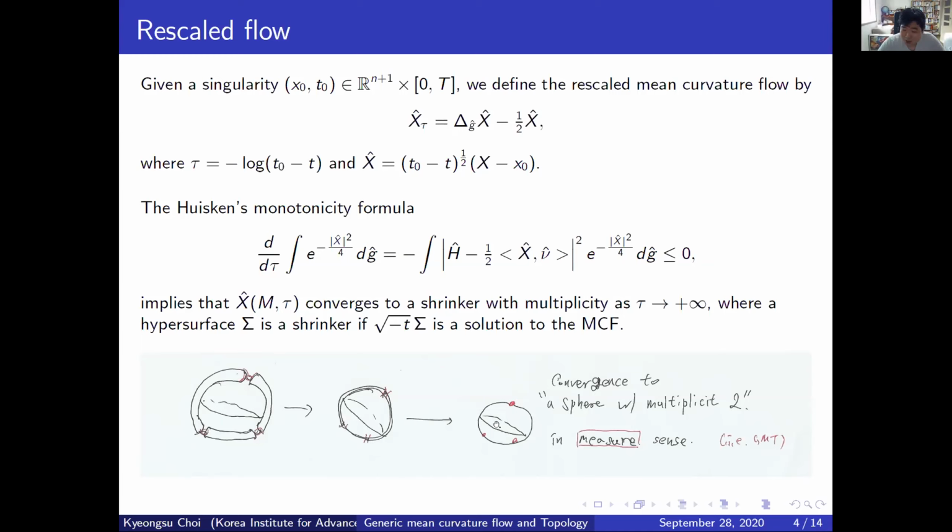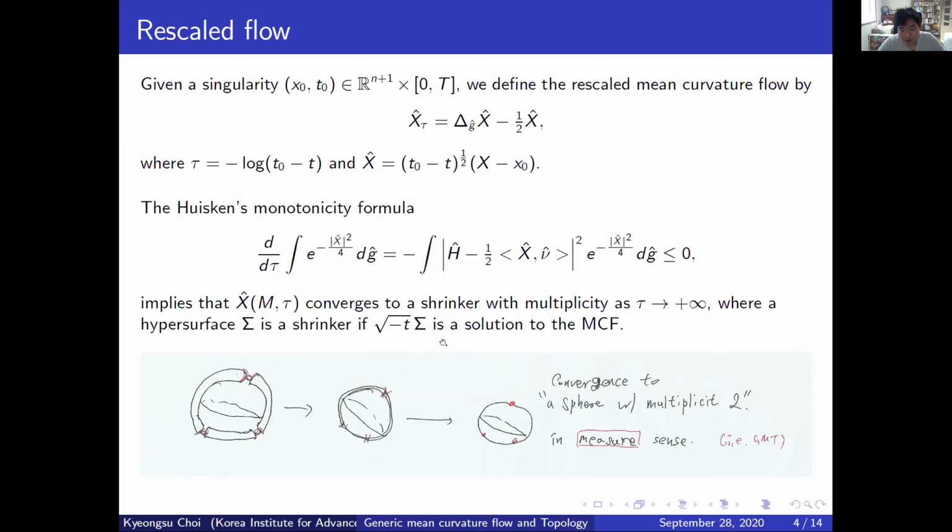Then maybe, unfortunately, this solution, this mean curvature flow, may converge to a round sphere with multiplicity 2. I mean, just two same round spheres with some point singularity.